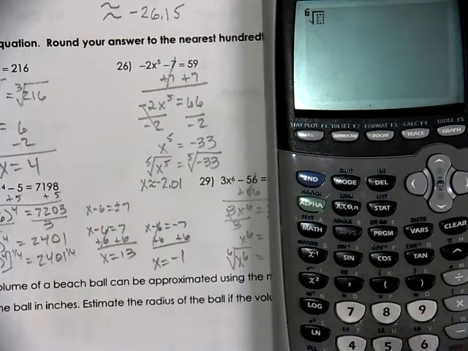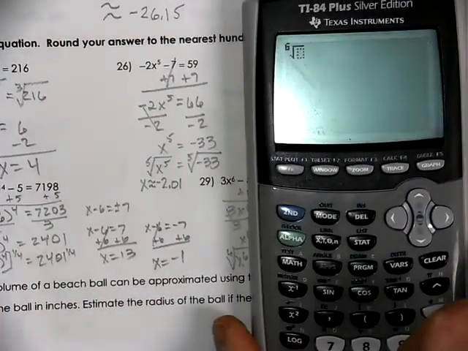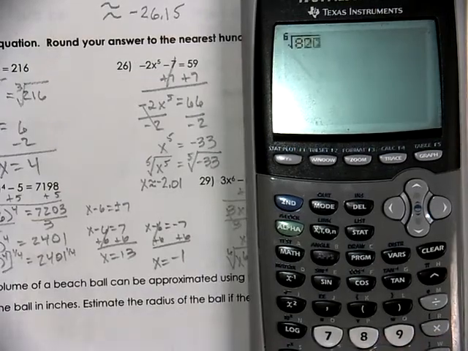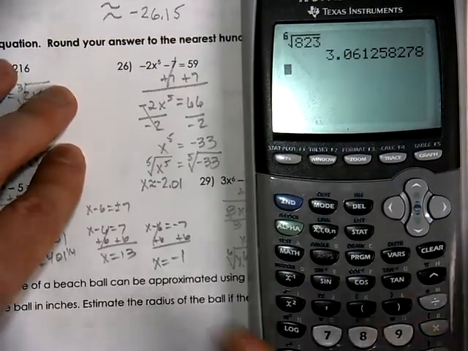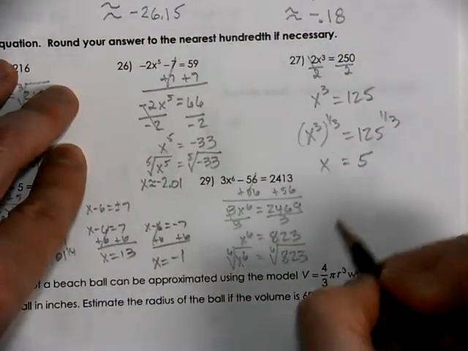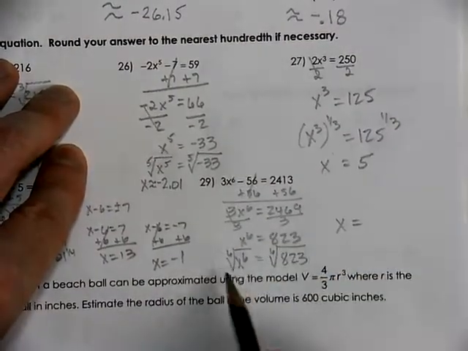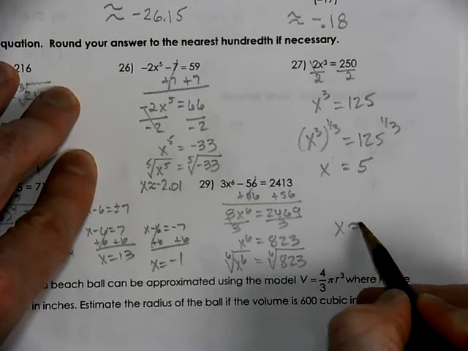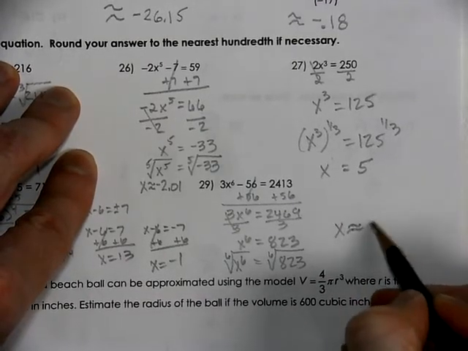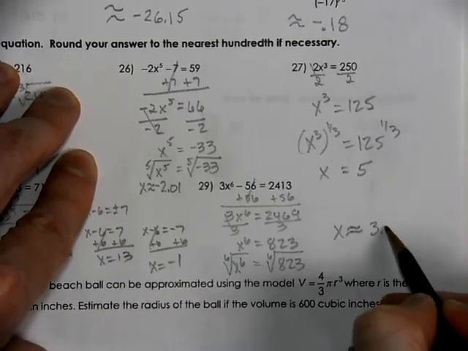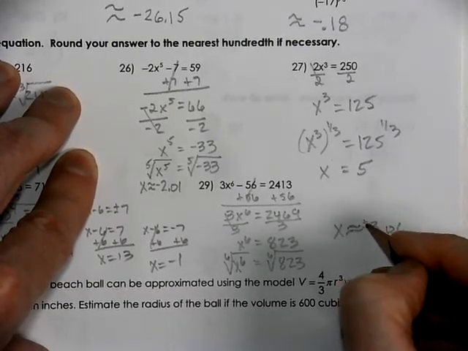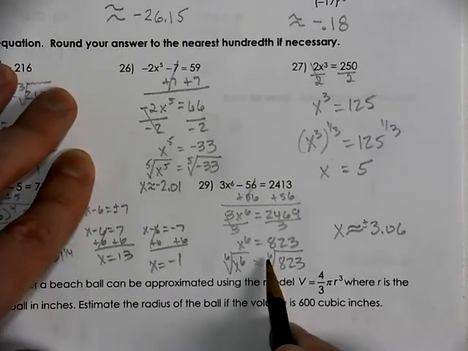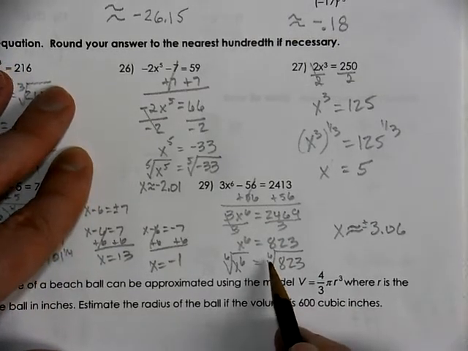And now we're going to put in our 823. That gives us a value of 3.06. So x is approximately 3.06. Now that has to be a plus or minus because this is an even number.